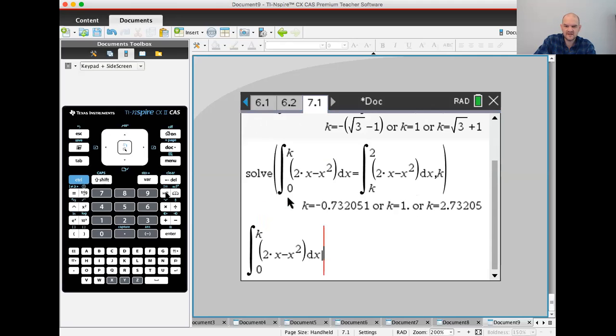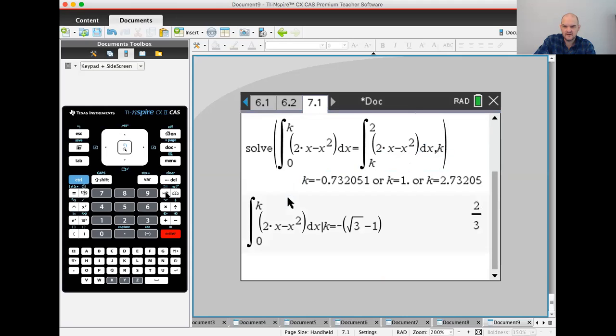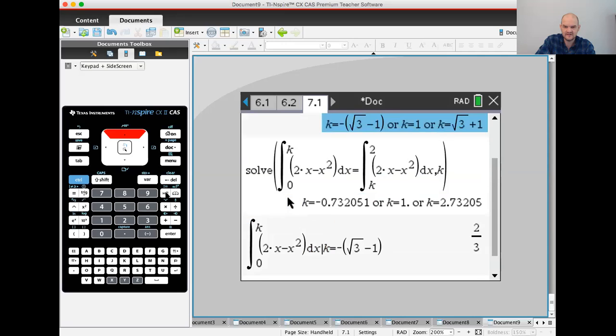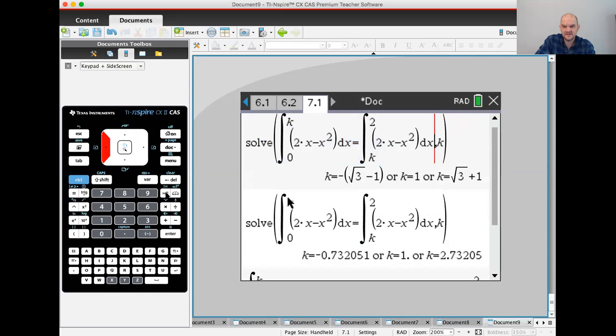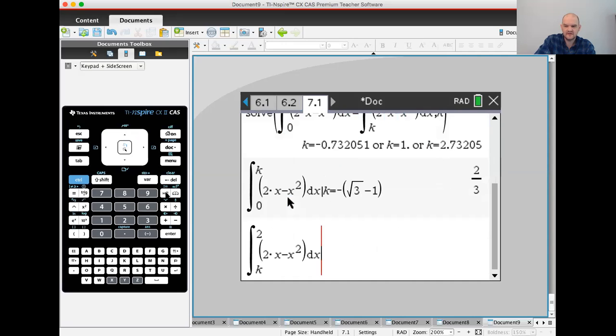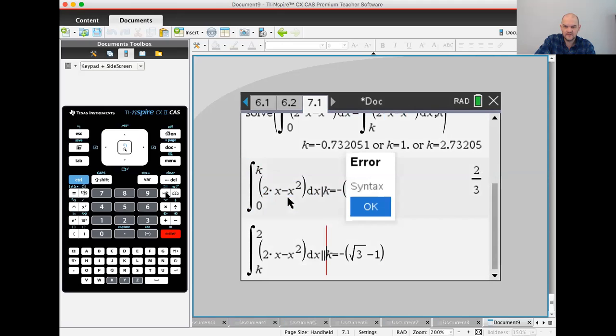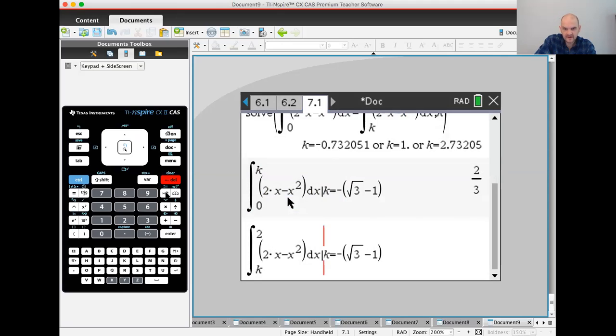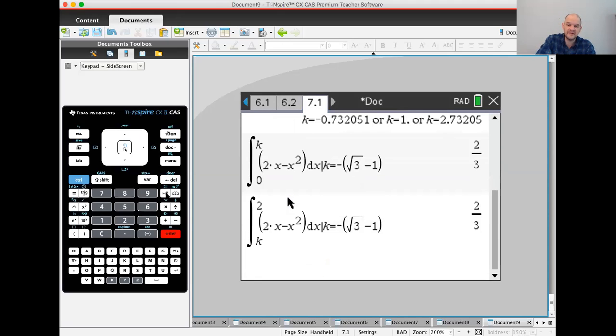But do this such that k is equal to, let me get the exact value. k is equal to this. Gives me 2/3, which is exactly half the area. And then if I do this one, such that this is the value, and double that, you get 2/3 both times.